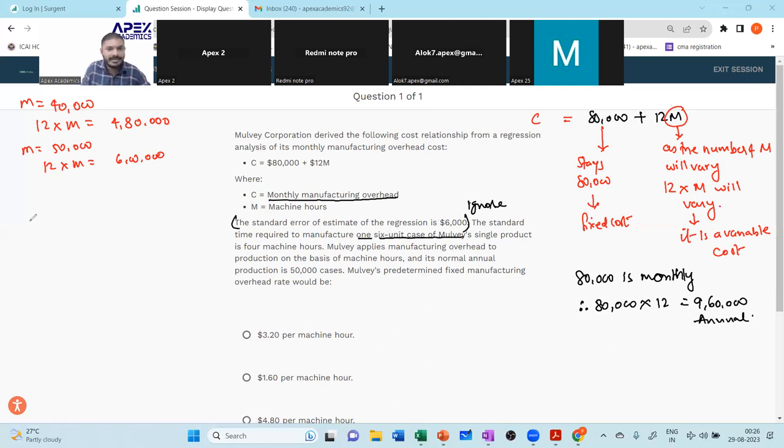6-unit case. See, there is one case that can put 6 units in it. Suppose there is a box that can keep 6 items in it. You see, those girls have boxes in which they keep their earring in one box, bangle in one box, nose ring in one box, bracelet in one box. You get that, right? It's a box like that.